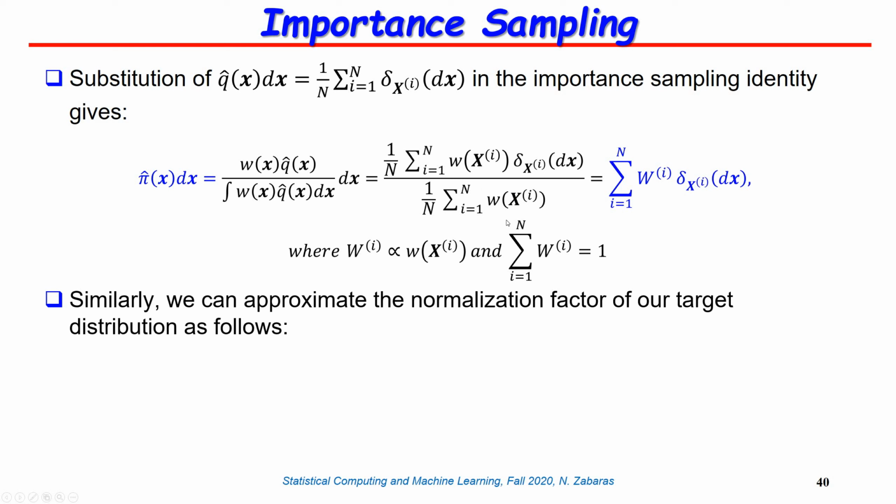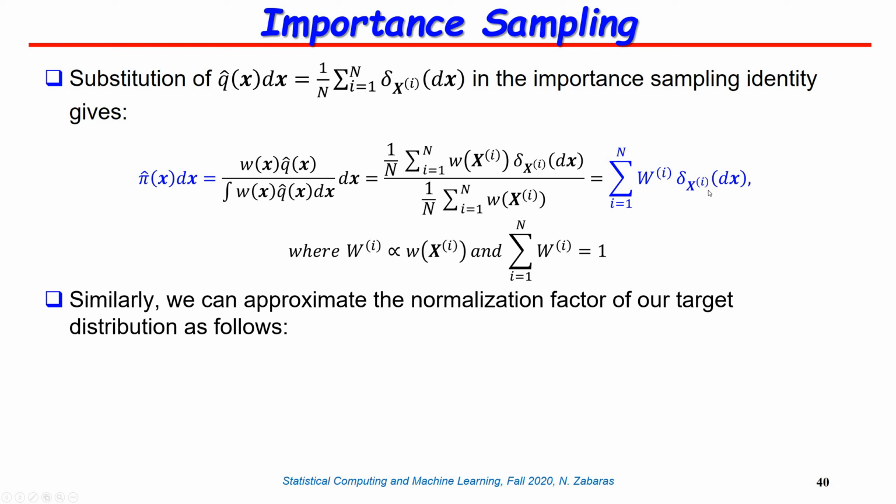So a standard Monte Carlo approximation would be nothing else but 1 over n, the summation from i equals 1 to n of w of xi. So effectively what you get here is the ratio of two Monte Carlo approximations, and I can put those together by taking this little w and dividing it by this summation to define normalized weights capital W of i.